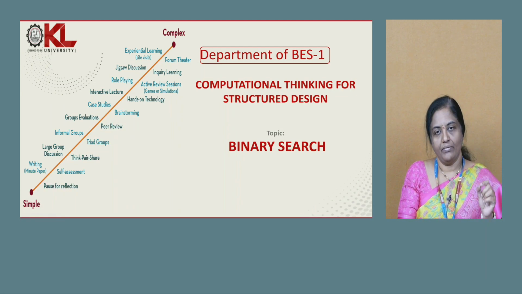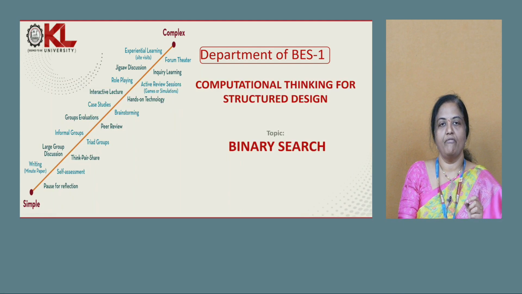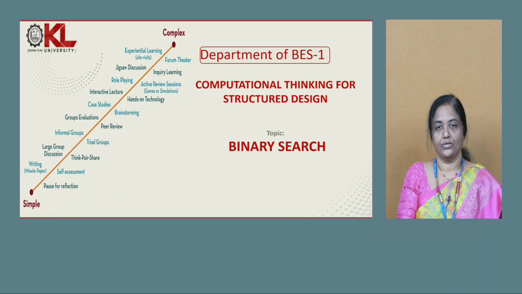You have to start with the first number and compare each and every number until it is found or you reach the end of the list. That is the basic concept of linear search. What happens if your element is at the nth position, that is the last position? It will take n searches.